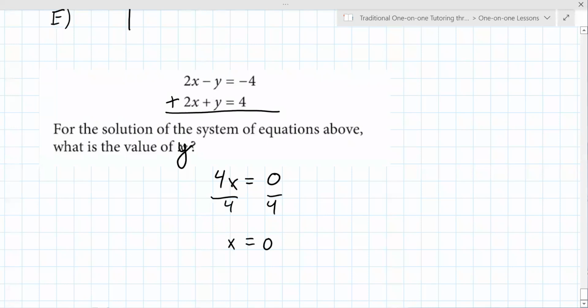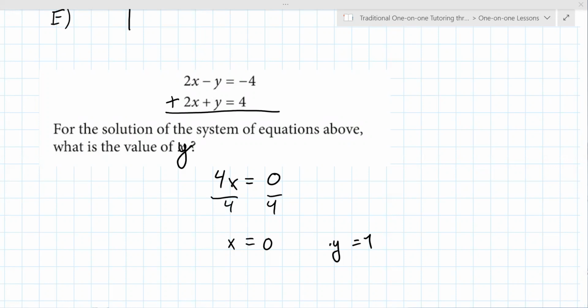Could you tell me the value of y based on that, please? Y equals 4. Good. So it's really a good idea to get in the habit of just solving them, not looking at the answers as much here.